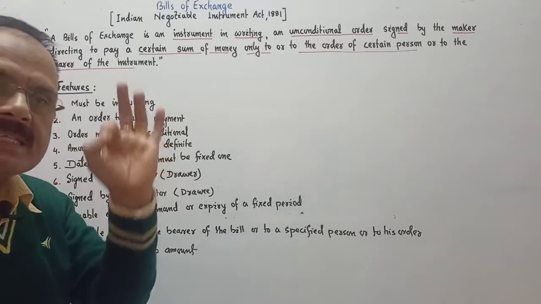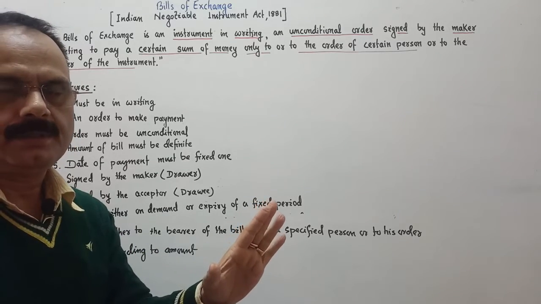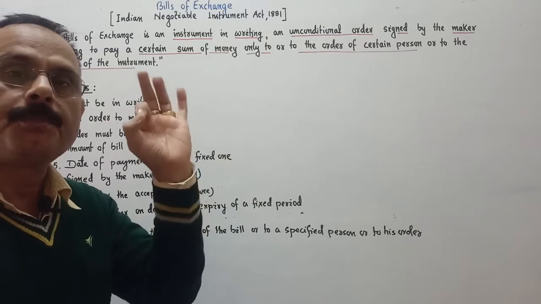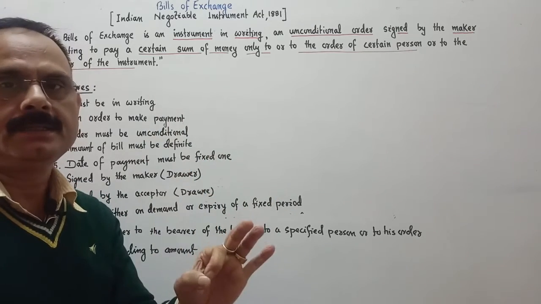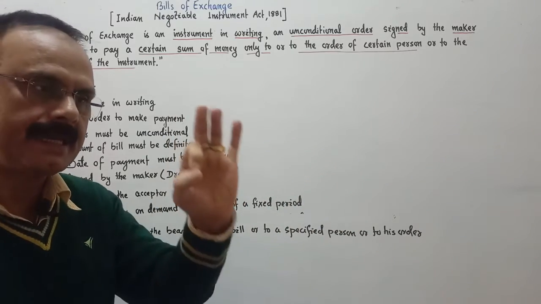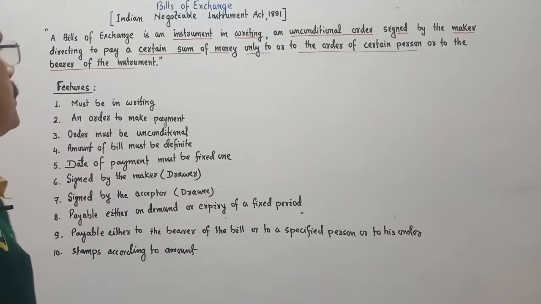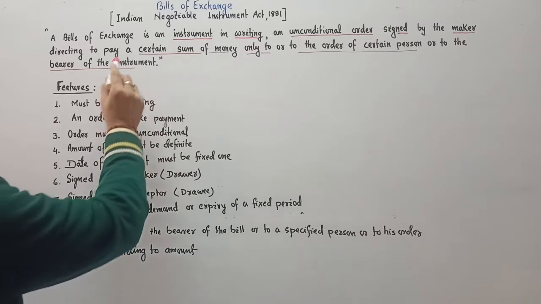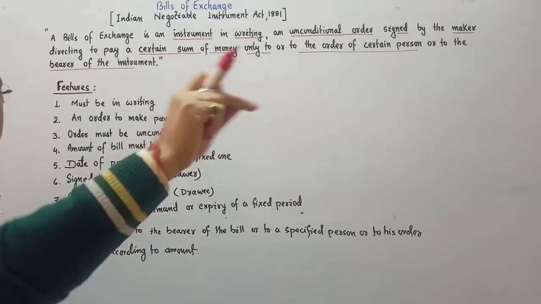Bills of exchange is an order, it's not a request. It's an order to make payment of the bill by the acceptor to the drawer, means by the debtor to the creditor. Here also we have written that directing to pay means order to pay.